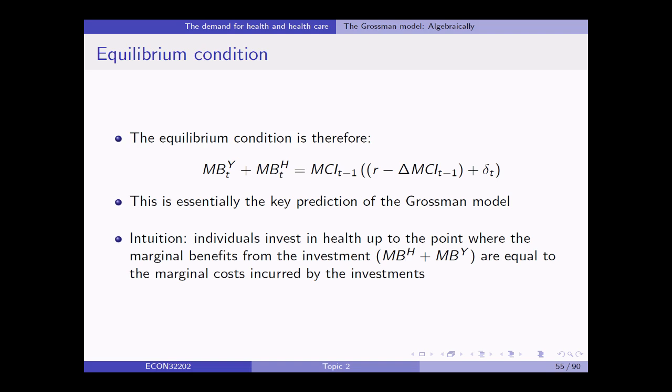And again, it might look slightly more convoluted than a standard marginal benefit equals marginal cost, but the key intuition is exactly the same. People will always continue to invest in their health up until this equality holds.